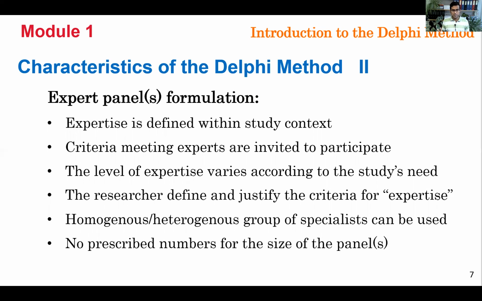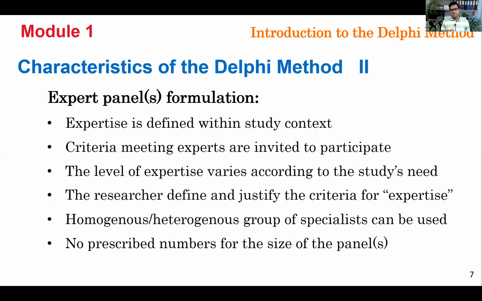The level of expertise should vary according to the needs of the study and could vary from domain experts in comparison to the general population, to experts being leading world figures in the areas in question. The researcher's task is to define and justify the criteria for expertise in their study.